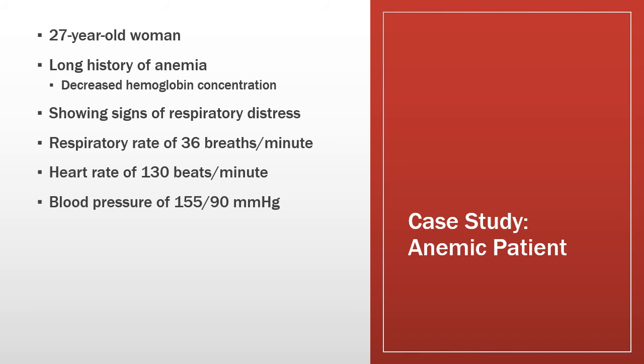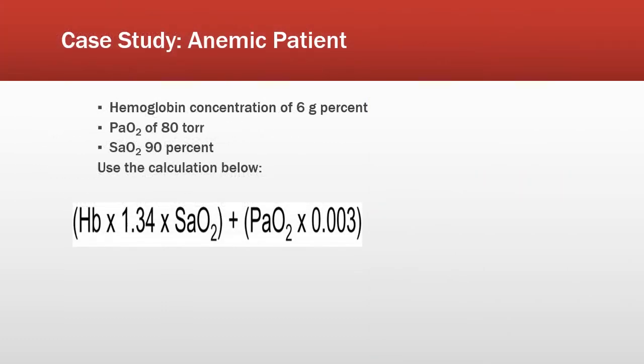These kinds of vital signs are typical in an anemic patient trying to compensate for her lack of hemoglobin. Hemoglobin concentration for this patient is 6 grams percent. Her PaO2 is 80 torr, and oxygen saturation is 90%.